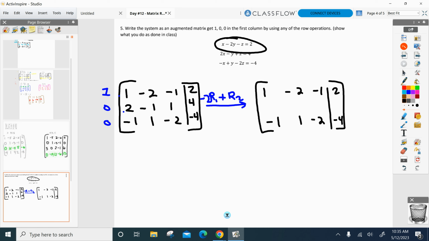I get a 0 there, which is what I wanted. And then how about the rest of the row? -2 times row 1 plus row 2. What about the rest of the row? See if you can fill it in. And then we still have to get one more 0 in there though.